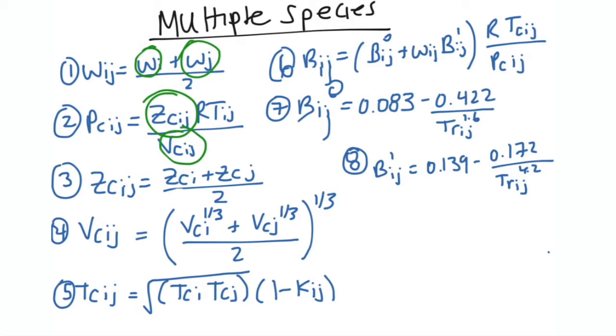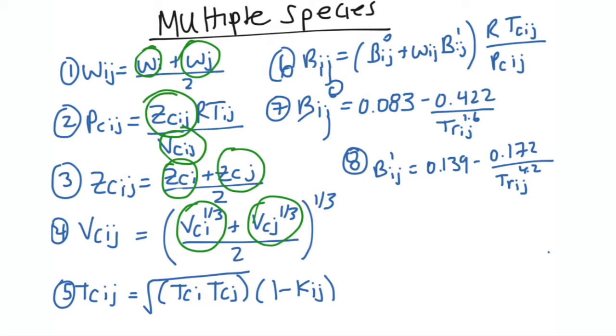So to get it for I and J, you do equation number 3. You just add the one for I and the one for J and divide it by 2. You're just finding the average of them, okay? And then for the V critical IJ, it's a little bit different, but it's equation number 4 here. So here, I'll circle. These are constants, constants, constants, constants, okay? That are just found from the table.